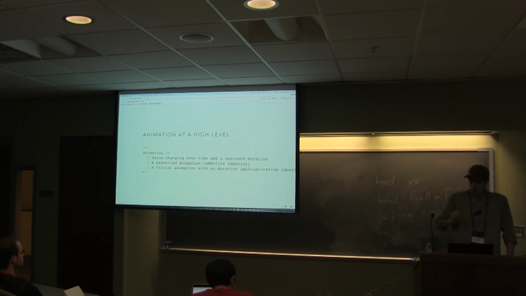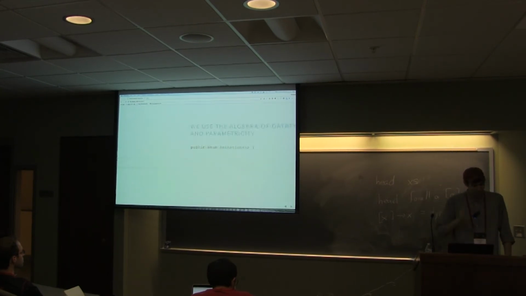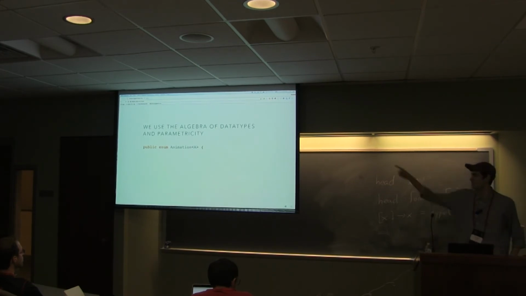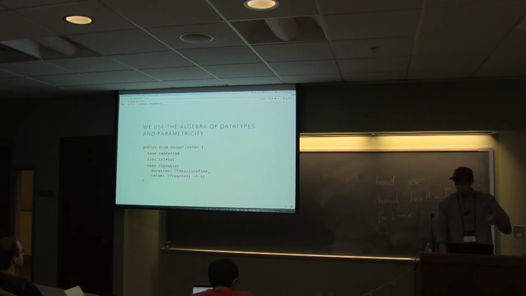So now that we have this description in our heads, we can sort of trivially convert this into source code using the algebra of data types and parametricity. A value turns into A. OK? And in Swift, we use enums to do this. But think of this as like a data type or a case class. OK? So we have a canceled animation, or a trivial animation, or a runnable animation.